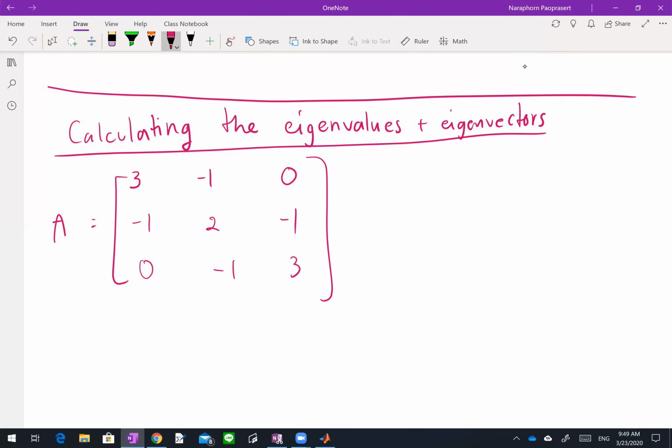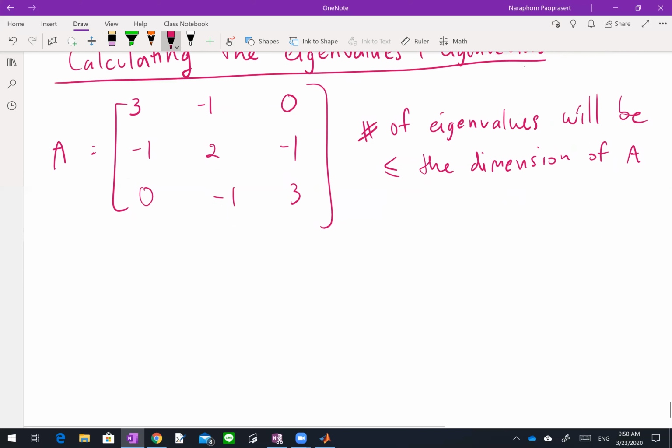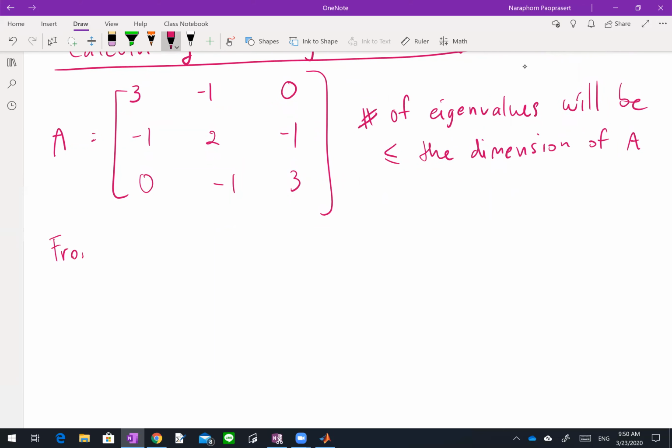So we want to find the eigenvalues and eigenvectors of A. First of all, the number of eigenvalues will be less than or equal to the dimension of A. So if A is a 3 by 3, the most number of eigenvalues that you can have is 3. Okay, there can be 1 eigenvalue, 2 eigenvalues, or 3 eigenvalues, depending on the eigenvalues that you can find. So let's just begin from the definition.